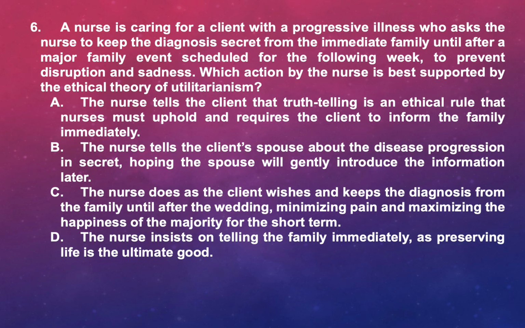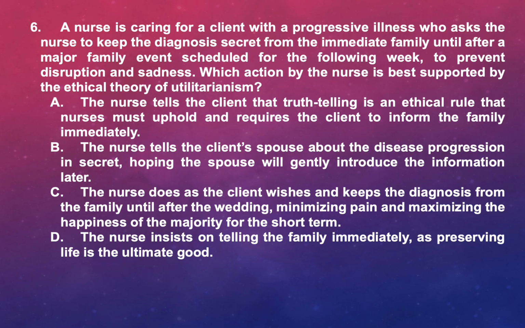5D. 6. A nurse is caring for a client with a progressive illness who asks the nurse to keep the diagnosis secret from the immediate family until after a major family event scheduled for the following week to prevent disruption and sadness. Which action by the nurse is best supported by the ethical theory of utilitarianism? A, the nurse tells the client that truth-telling is an ethical rule that nurses must uphold and requires the client to inform the family.